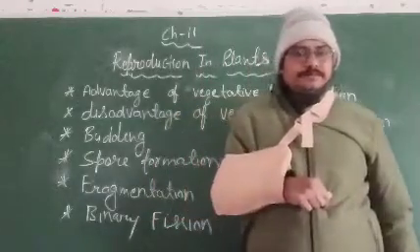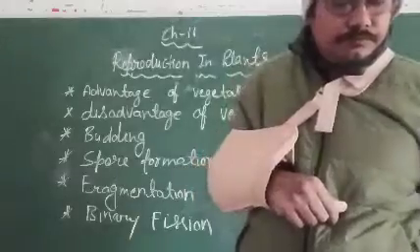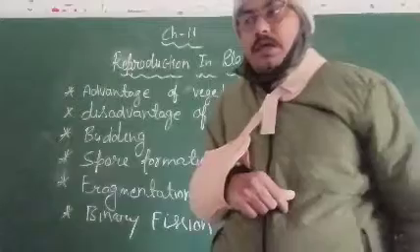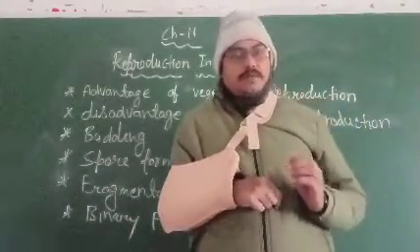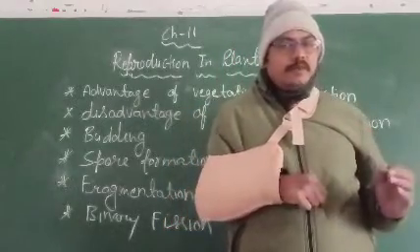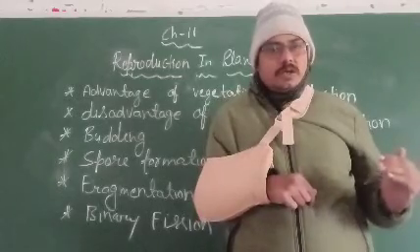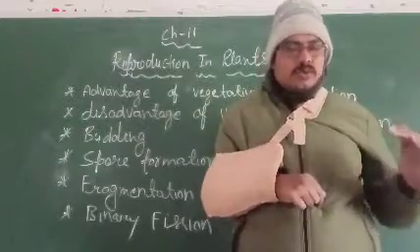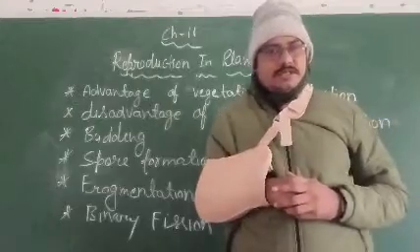Next, student, if you compare a plant produced with the help of seeds and a plant produced with the help of its vegetative part, the plant growing from vegetative parts grows earlier compared to the plant grown from seeds.